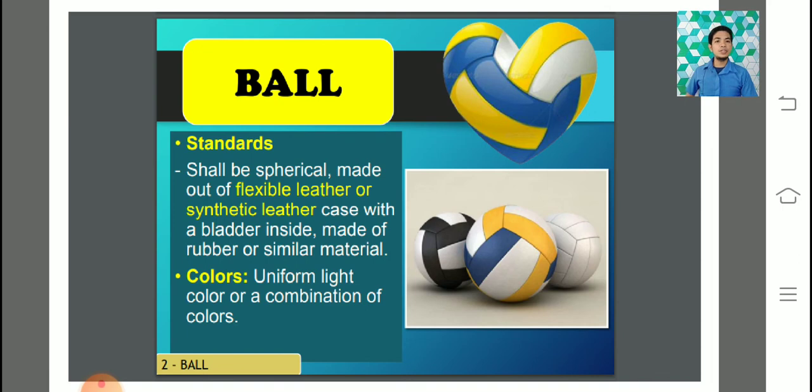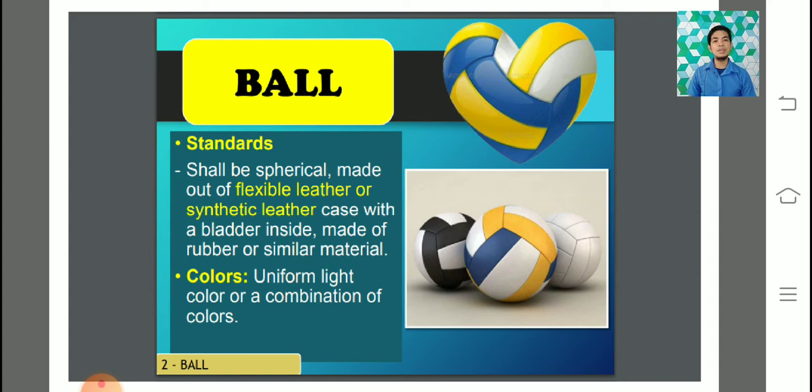So, sabi dito, shall be spherical, made out of flexible leather or synthetic leather. So, saan siya gawa? It is made in flexible leather or synthetic leather. Anong shape ang binanggit dito? Base sa standard, it is a spherical shape.